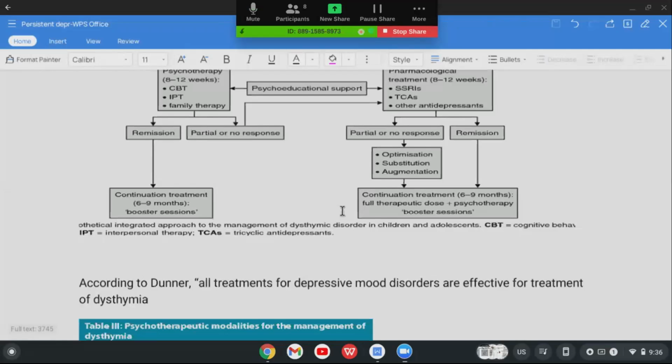Any differences in dysthymia conceptualization as per the latest diagnostic system, DSM-5?